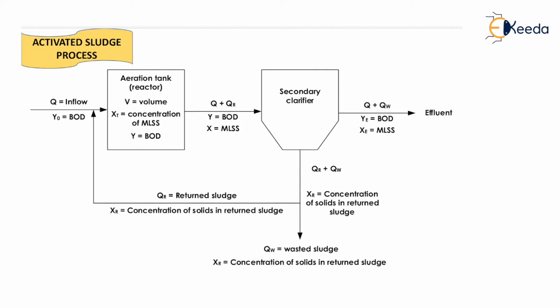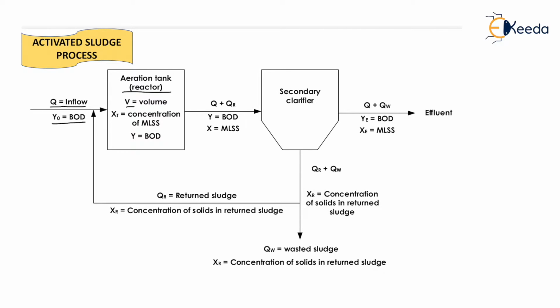Now this is the working of the activated sludge process. In the activated sludge process, we generally supply Q amount of water which has BOD Y naught. During the supply of that water, we provide a large amount of air in the aeration tank so that all the microorganisms come into the activated form.